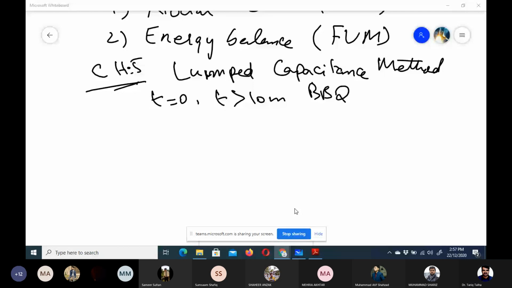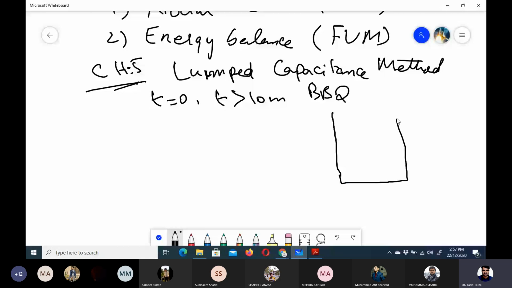So if we have got a container here which is full of water, and at time t less than or equal to 0, that metal which we heated in a furnace is at temperature T equal to Ti.